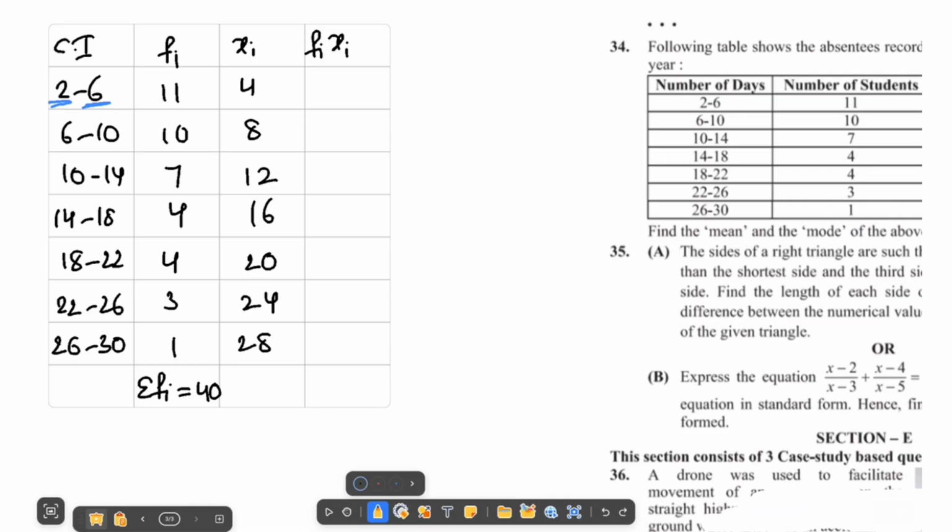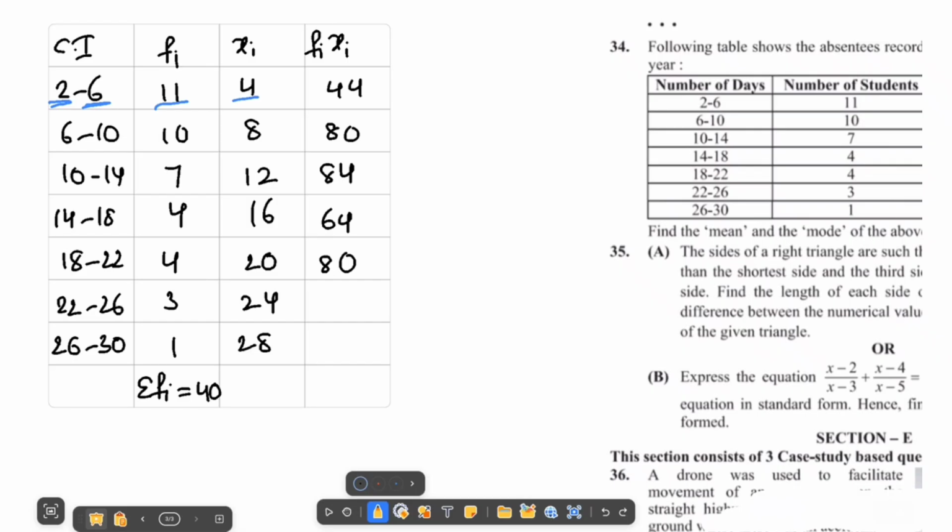Now the product of Fi and Xi, so frequencies and class marks. Here 11 into 4, so 44. Similarly 10 into 8, 80. 7 into 12, so 84. Next 4 into 16, 64. Now it is 80 here.